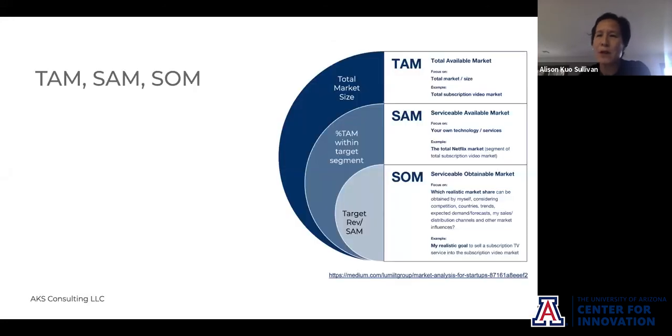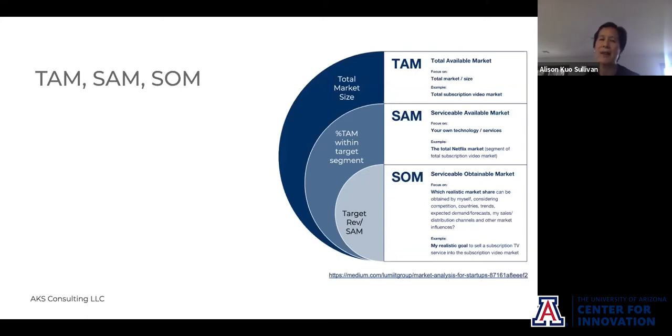Okay, so when we talk about TAM, SAM, and SOM, TAM is typically total available market, but when we reference it within operations or even at the board level, they're really talking about SAM. So they're really talking about not just total market size, but the market size that you are really approaching with your product.